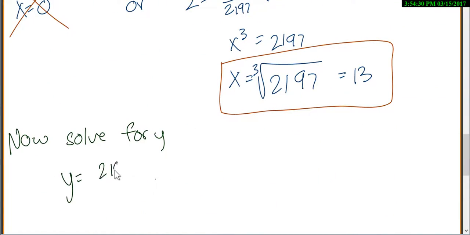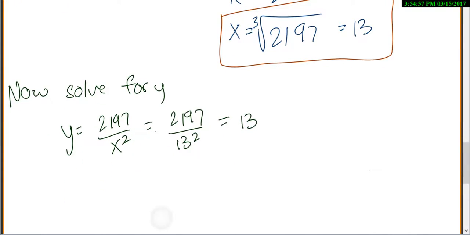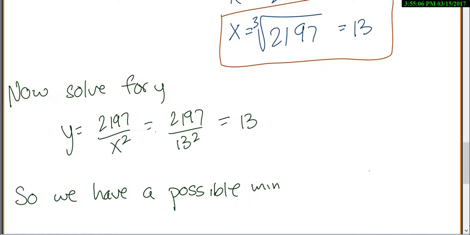So 2197 over 13 squared gives me 13. So we have a possible minimum at x equals 13 and y equals 13.